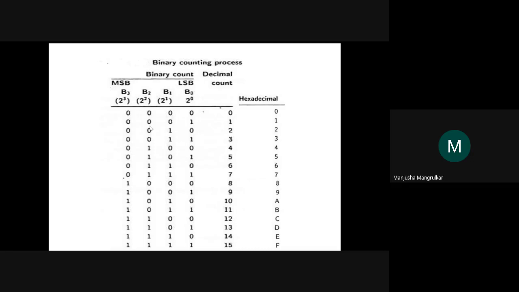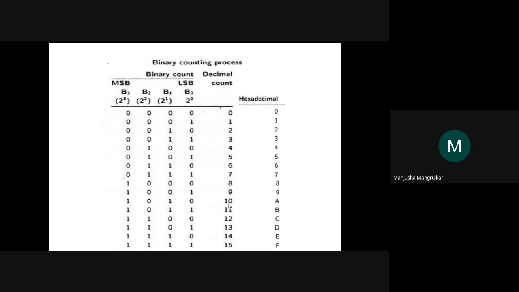So this is the direct representation of decimal to binary. Earlier we converted decimal to binary by using the division method, dividing by 2 and using the remainders to form the binary number, but this is the indirect method of conversion.